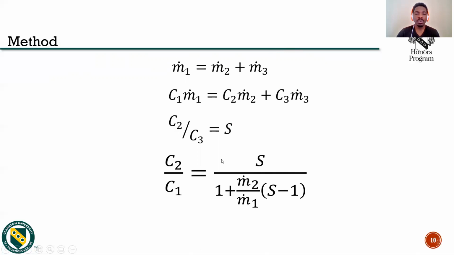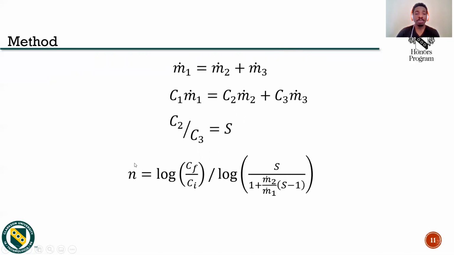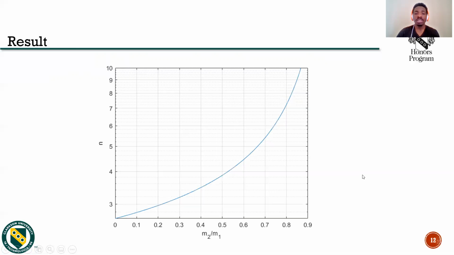Using those equations and the segregation coefficient, I was able to get an equation that relates the number of cycles to the mass flow rate drop. Assuming that we go through 3 cycles, the mass flow rate drop for 1 cycle will be 0.2.